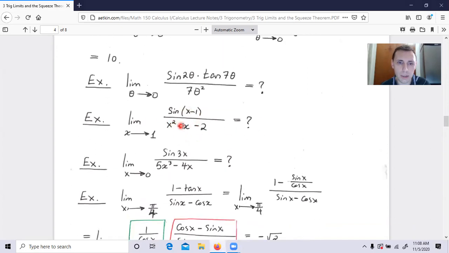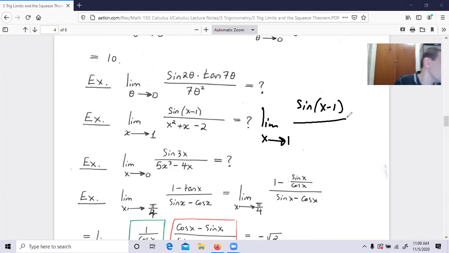This here is x squared plus x minus 2. So we have that it's a limit where x goes to 1 of sine of x minus 1 divided by x minus 1 squared. Well, this is the same as divided by x minus 1 times x plus 2.